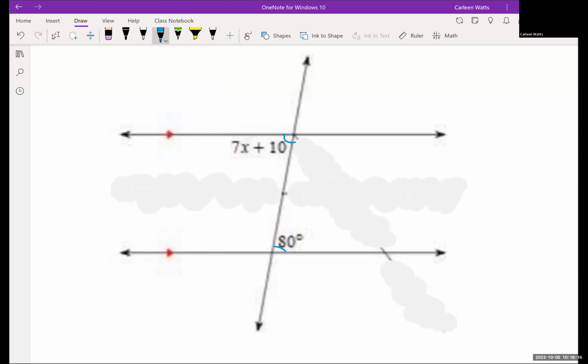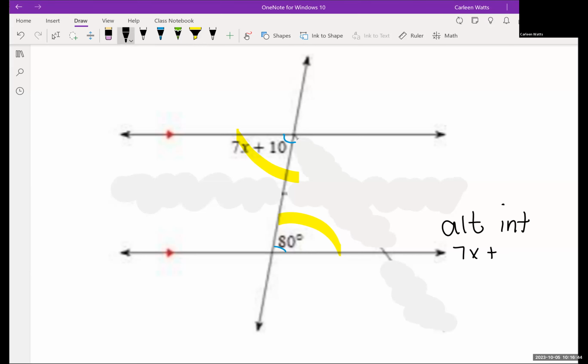So, okay, we see they're congruent. So what is the vocabulary? All right, good. Alternate interior. And alternate interior angles are congruent.